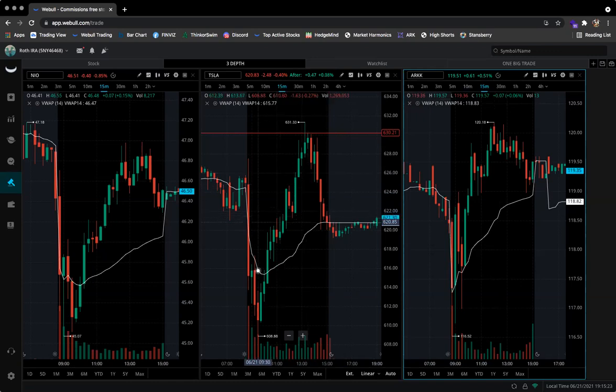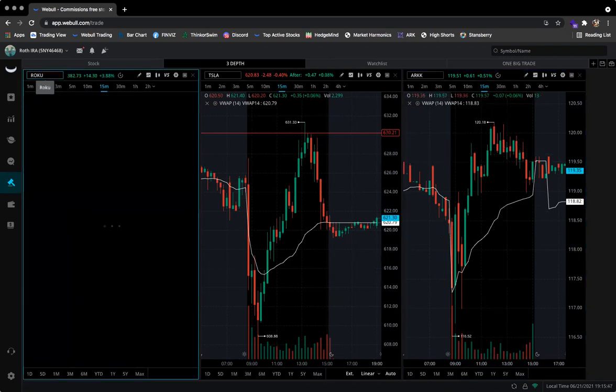Because there's significance: number one, Tesla is in the S&P 500, so it kind of controls how the market behaves, right? Number two, ARKK is mostly made up of Tesla, so how Tesla performs affects how ARKK performs, and how ARKK performs affects how things like Teladoc or Roku might perform, right?